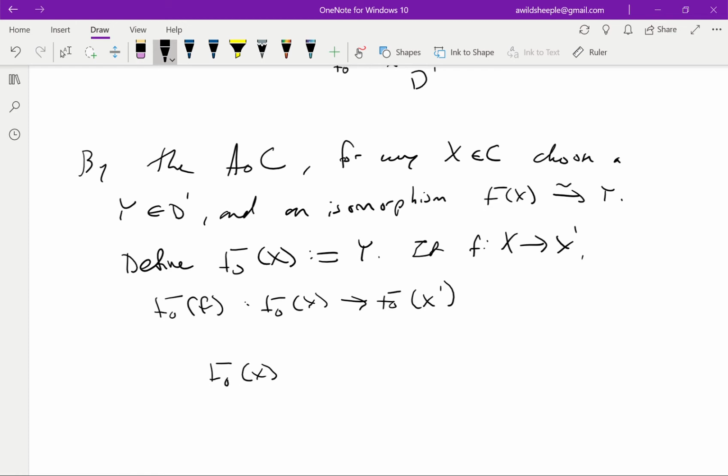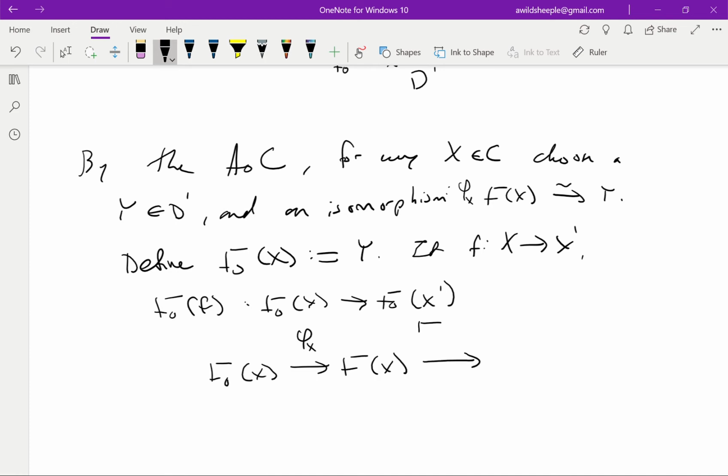Let's call these isomorphisms phi x. We go from f0 of x by phi x back to f of x.